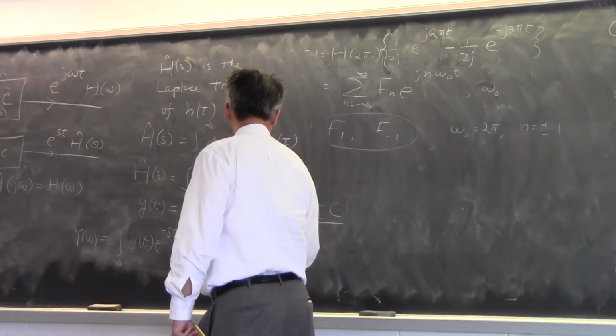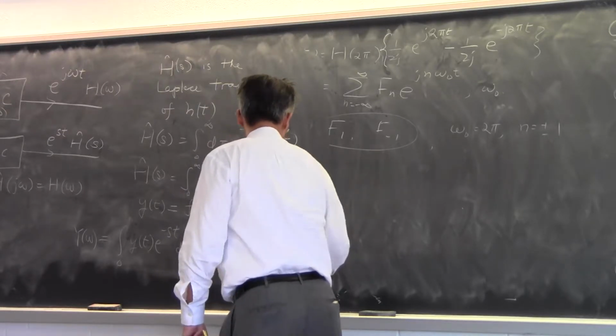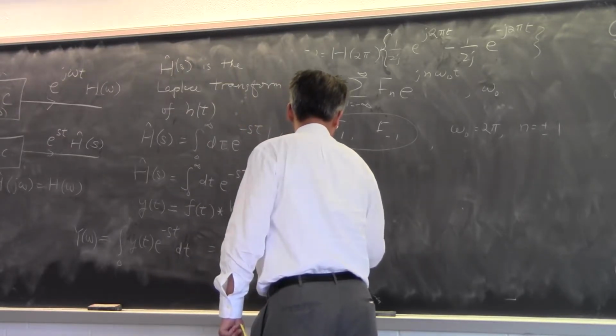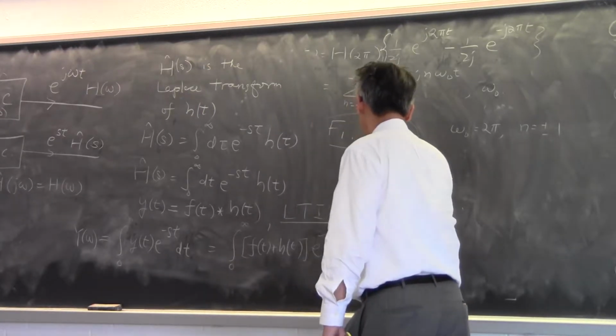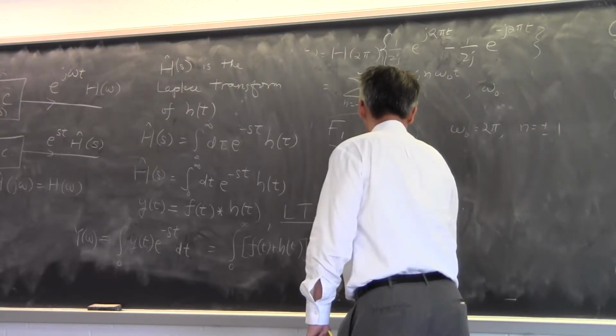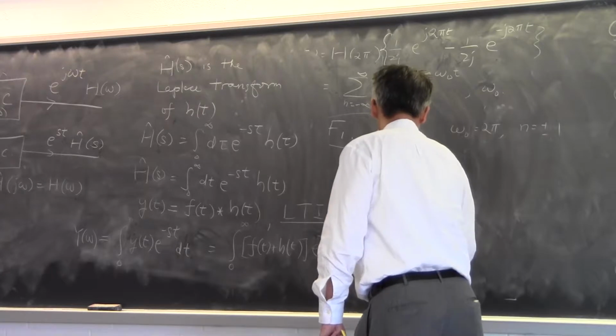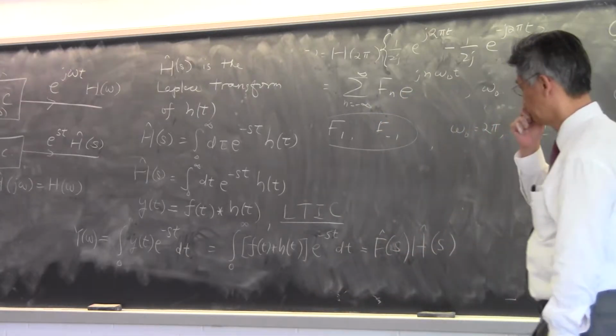And if I take this e to the minus st dt, I would end up with the fact that this is just the Laplace transform of f multiplied by the Laplace transform of the impulse response.